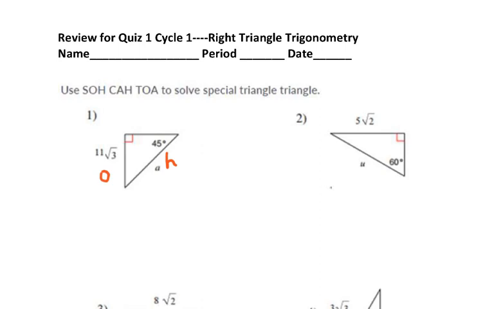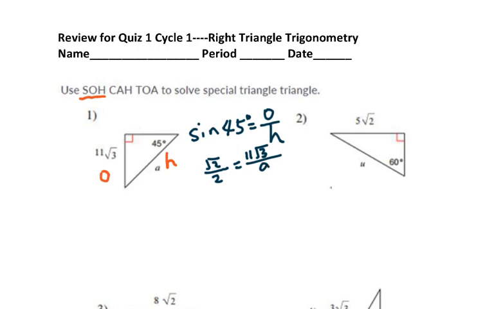So according to the SOHCAHTOA, we use sine 45 degrees equals O over H. Then I plug in sine 45 means square root of 2 over 2. O will be 11 over square root of 3.